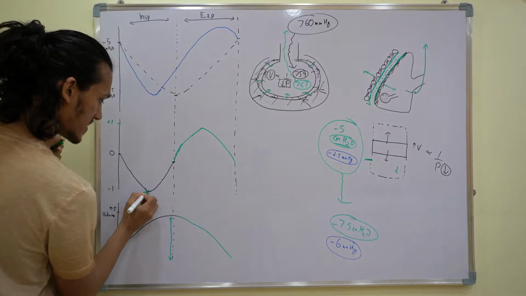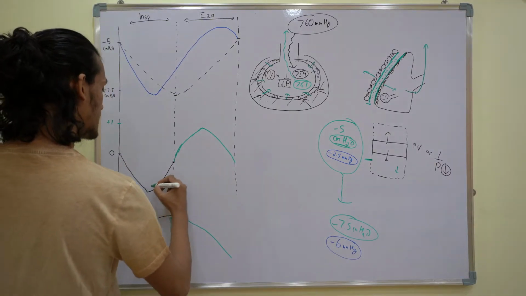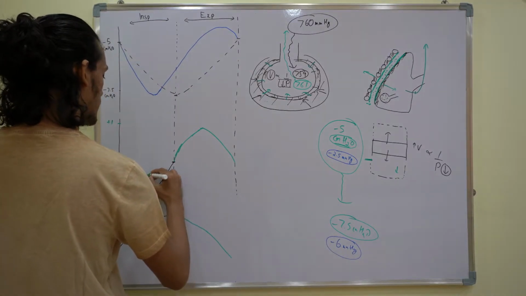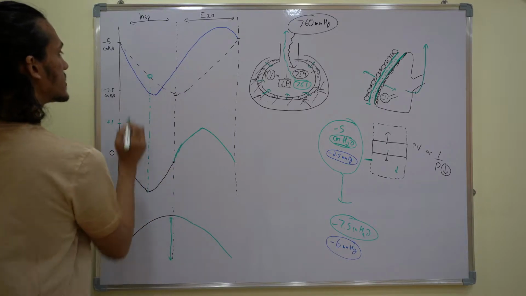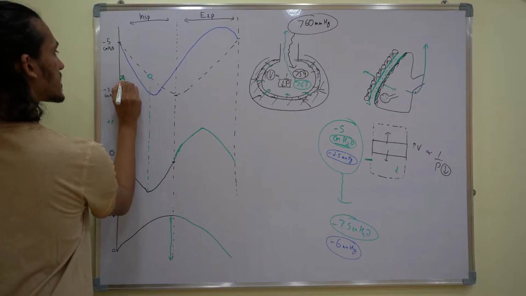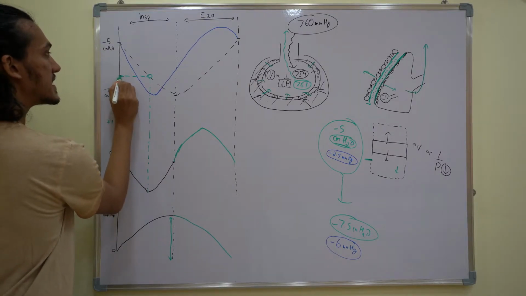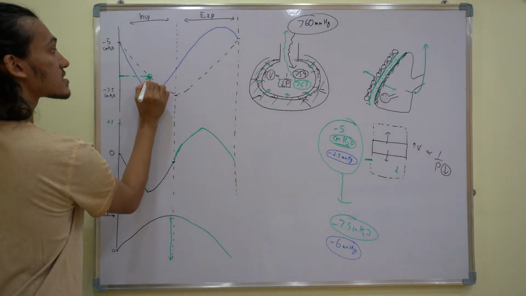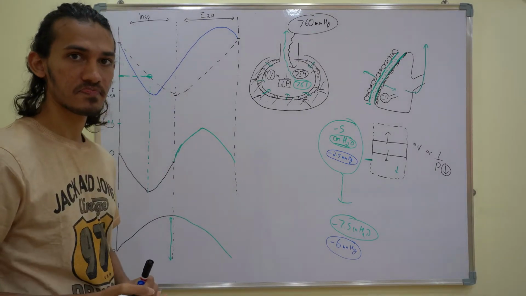This happens over here. It goes to -1, right? From this point, let's extrapolate it over here to the first one. What does it mean? This much amount of negative pressure is needed to result in this change.